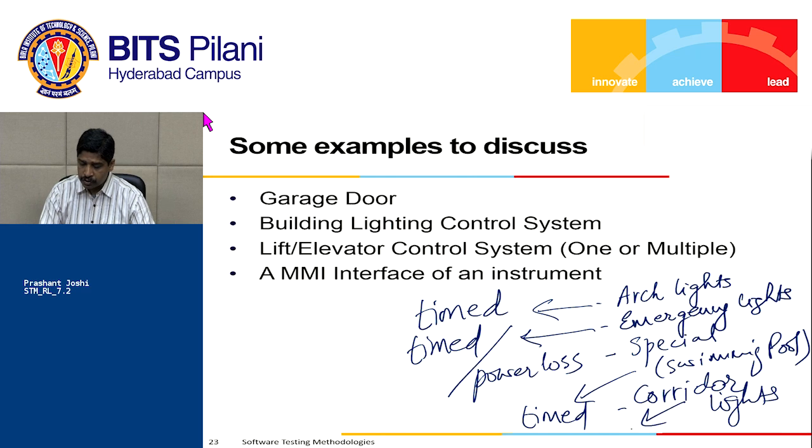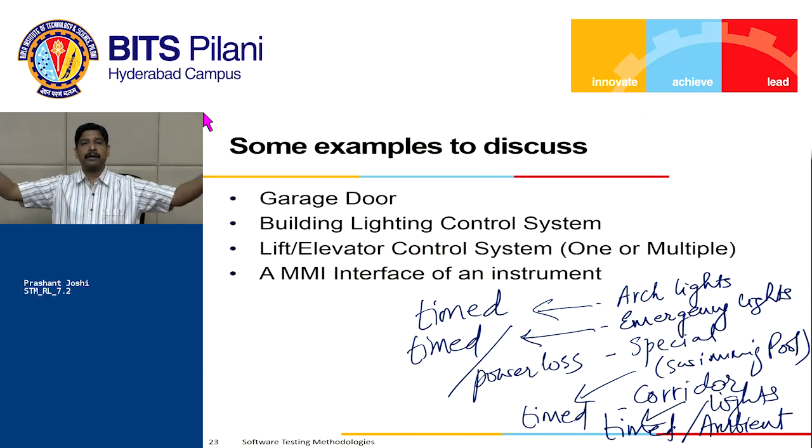Corridor lights would also be timed or may be driven based on ambient light. So you have this building complex, and corridor lights would be specifically timed or based on ambient light. If it starts getting darker during the day because of the clouds, these lights will be switched on because the ambient light has gone down.